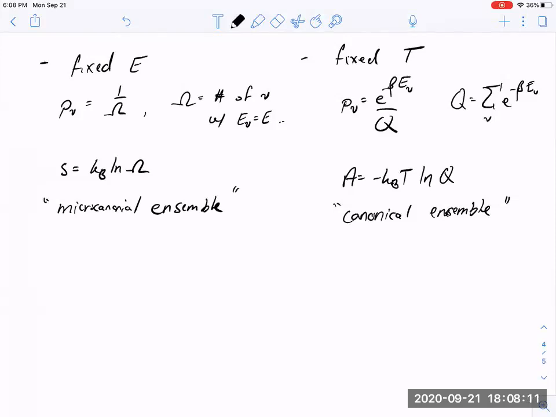Fixing the temperature as opposed to the energy is just one. You should then be curious to ask whether or not there are others. There are other constraints we can impose and understand their consequences for the likelihoods of observing specific microstates.